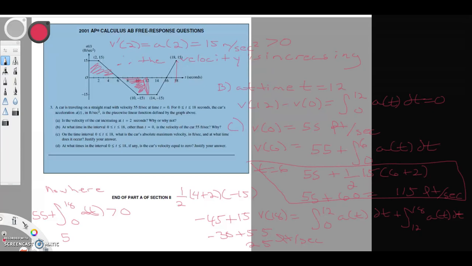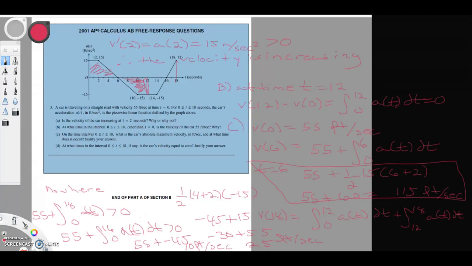And also, if you do the minimum, 55 plus the integral from 0 to 16, which is the absolute minimum, of a of t dt is still going to be greater than 0, because 55 plus negative 45 is 10 feet per second, which is greater than 0.